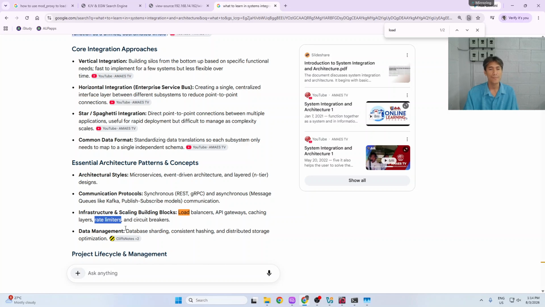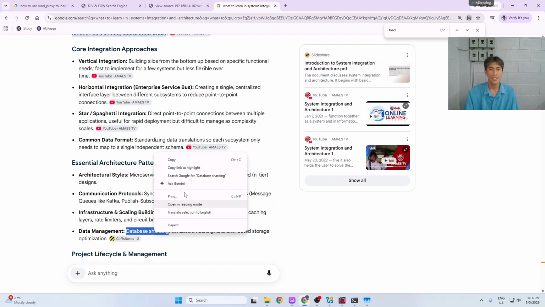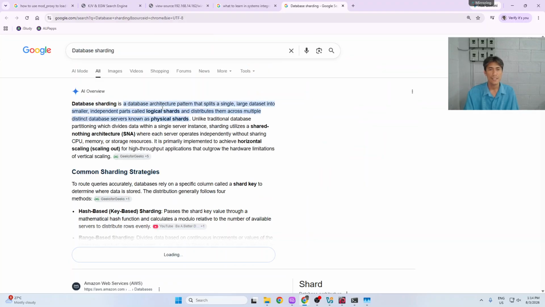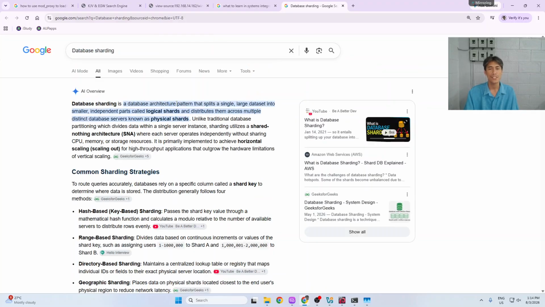Database sharding. So you know what sharding means? Sharding is a database architecture pattern that splits a single large data set into smaller independent parts called logical shards and distributes them across multiple distinct database servers known as physical shards.